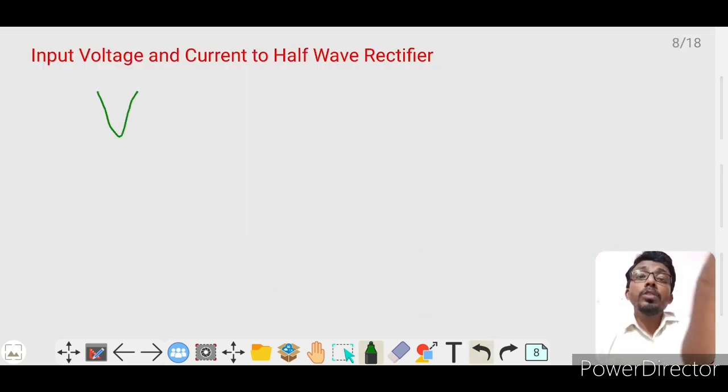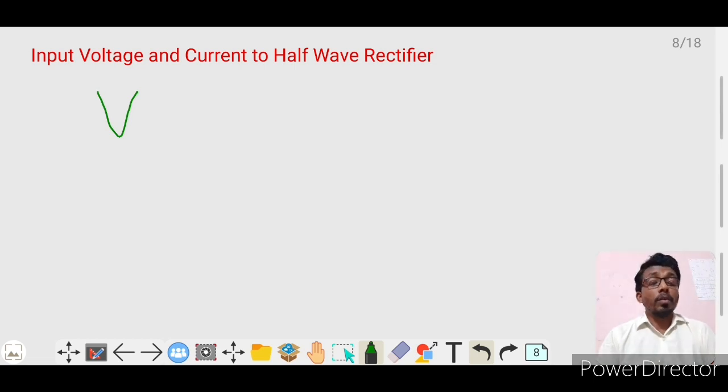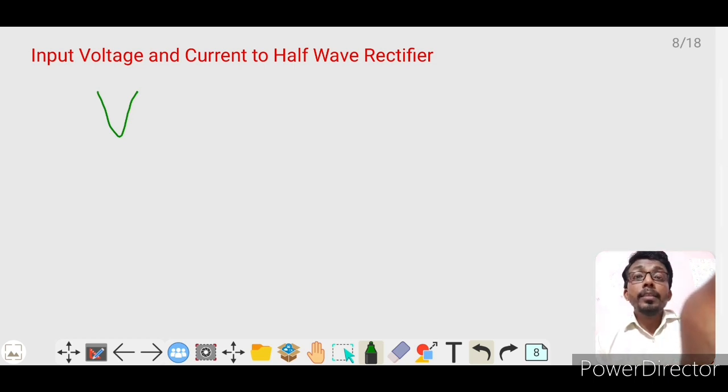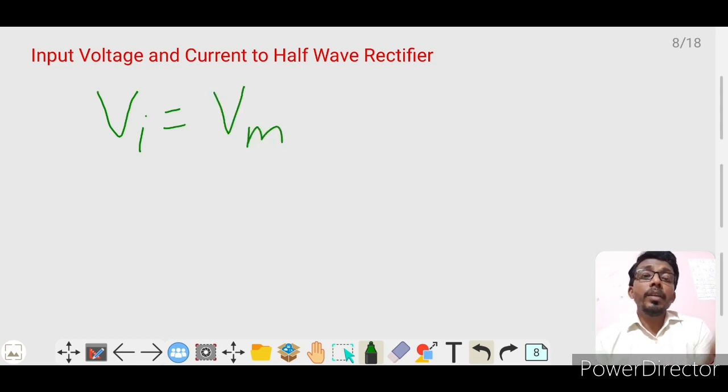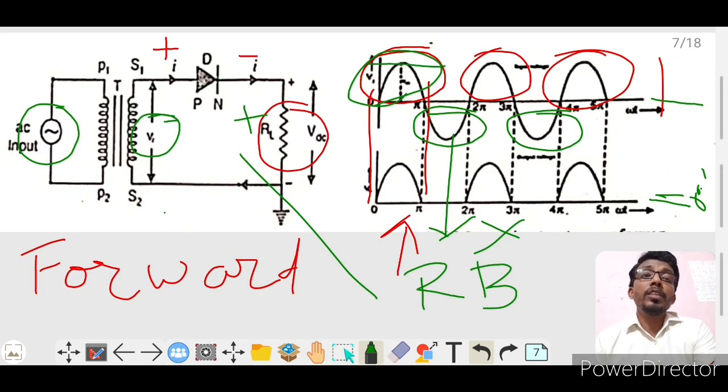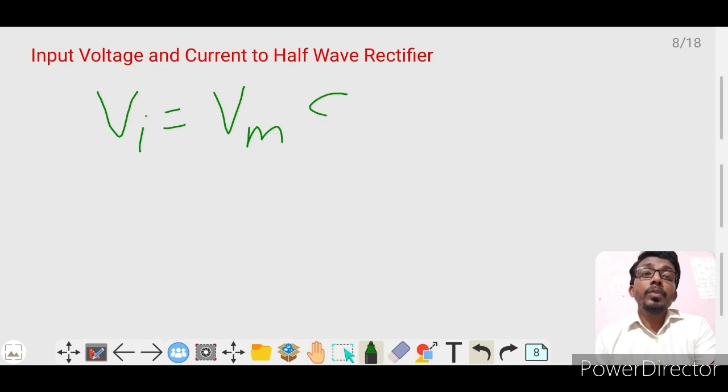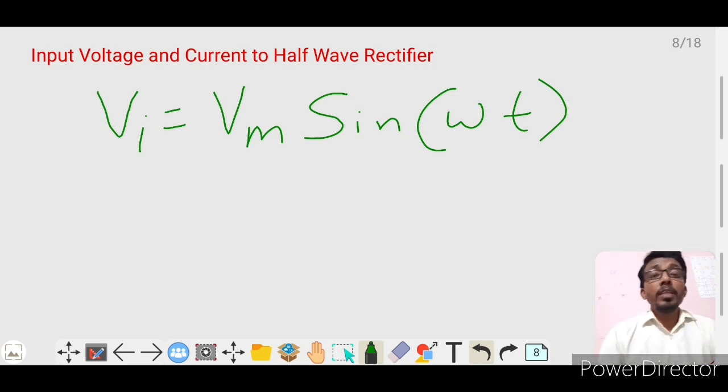Suppose now my input voltage is not constant, it is varying because my voltage is AC voltage. So suppose V input is equal to Vm, where Vm means the peak value, this particular value. So it is Vm sine omega t.